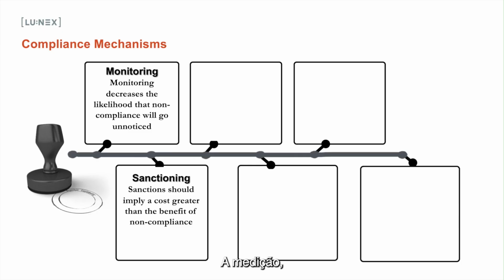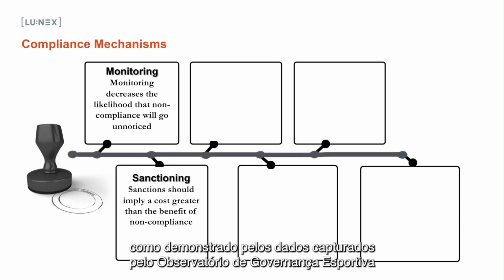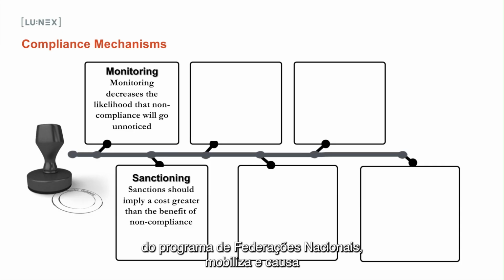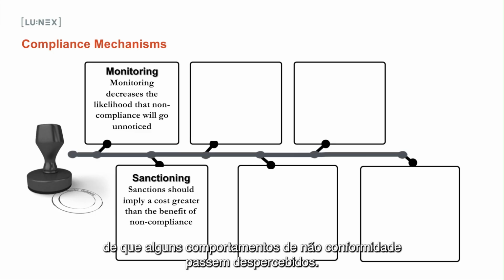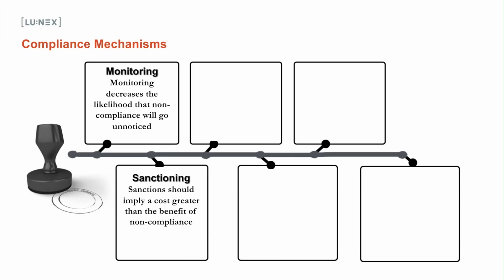The measurement, as shown by the data captured by the Sports Governance Observatory of National Federations program, mobilizes and causes changes in organizational behaviors because it reduces the possibility that some non-compliance behaviors will go unnoticed.